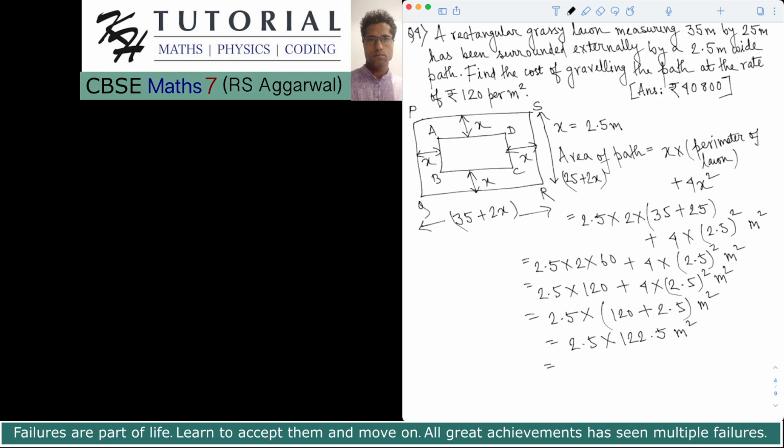How much is this? I hope you will be doing the calculation of this basic mathematics much faster than I am, applying any smart calculation. I am doing the calculation in a simple way.